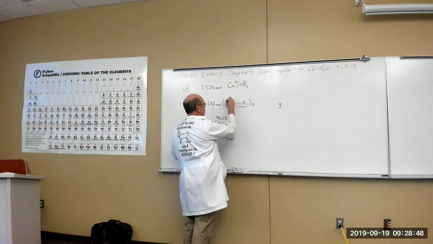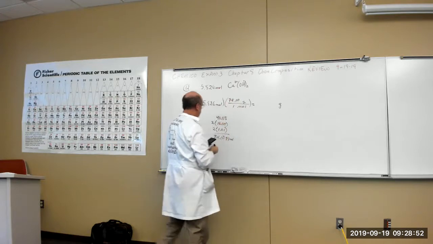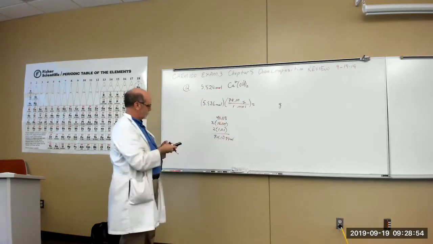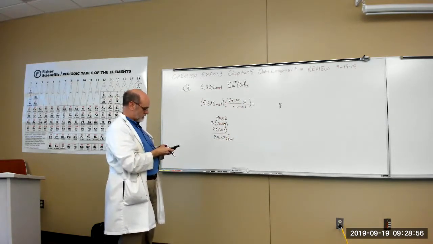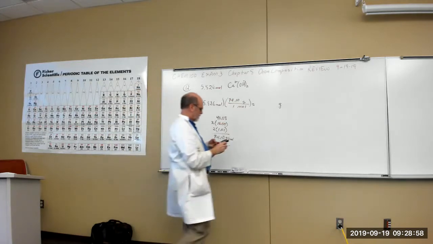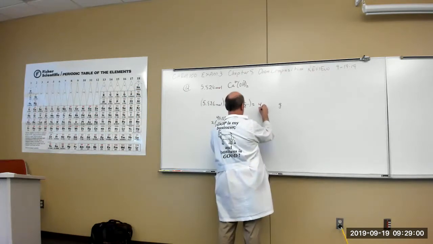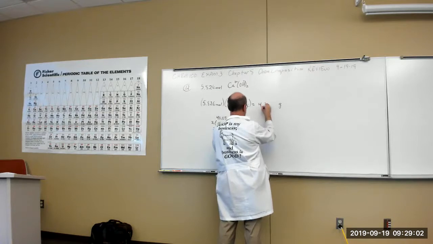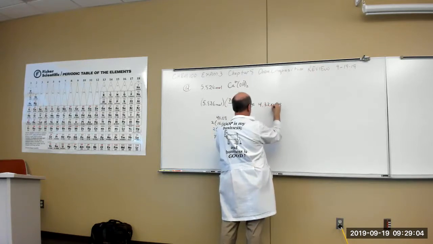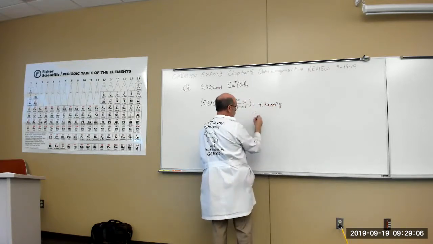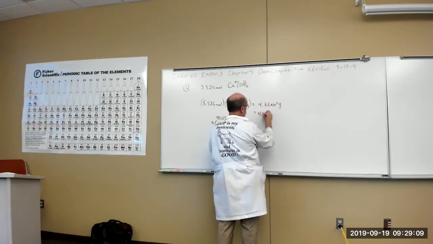So 74.10 there. Take that one times 5.826. And I get 4.32 times 10 squared. Or the answer might be in standard notation, which would be 432 grams.